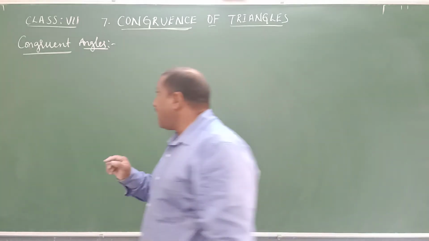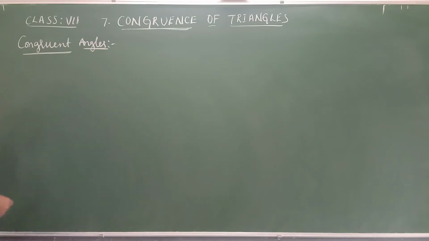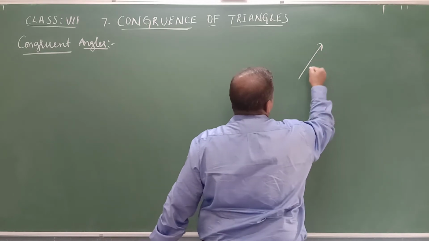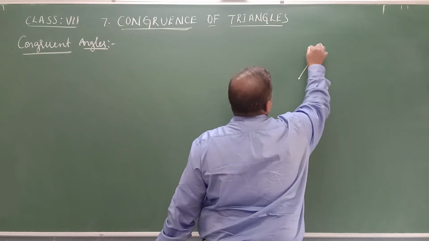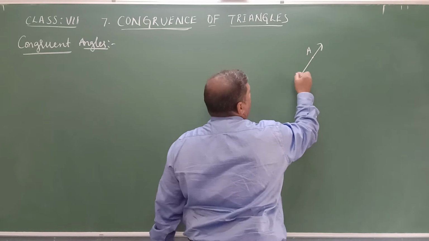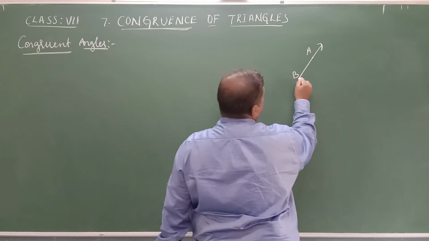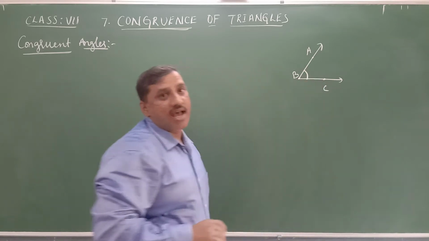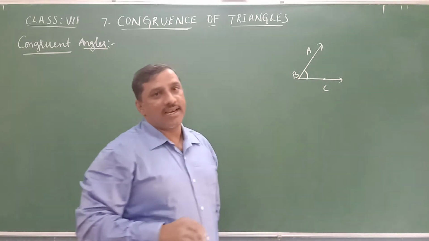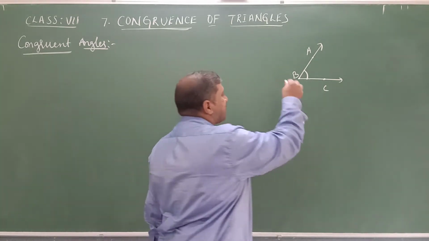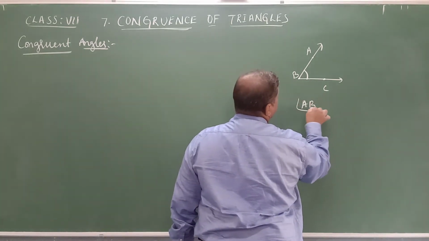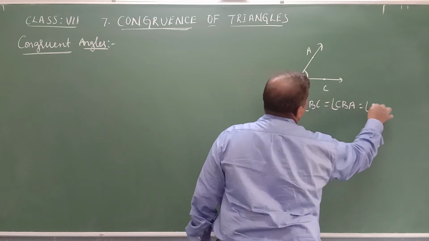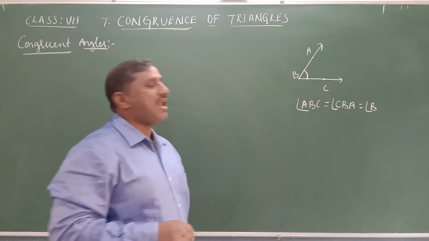So what is an angle? It is a geometrical figure obtained by joining two rays. Let this be ray BA and one more ray, BC. Now this geometrical figure is known as an angle. This is angle ABC or angle CBA, or simply angle B.